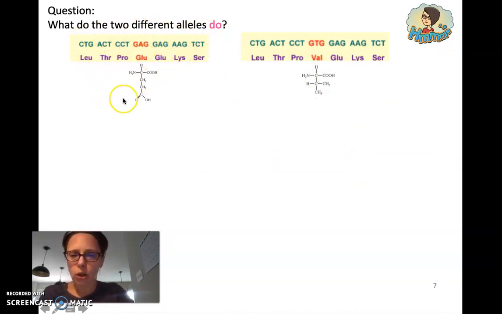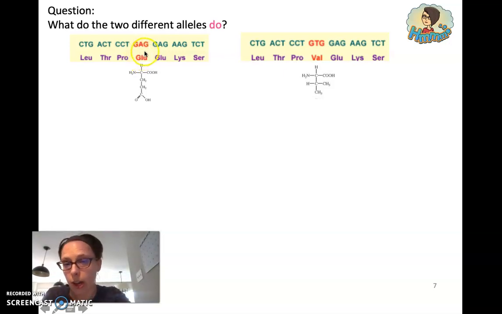Again, here is your normal hemoglobin sequence. Here is your abnormal hemoglobin sequence. So you can write, again, normal hemoglobin and abnormal hemoglobin. So here's the nucleotide difference. This codon codes using the genetic code for glutamic acid. You do not need to know that.